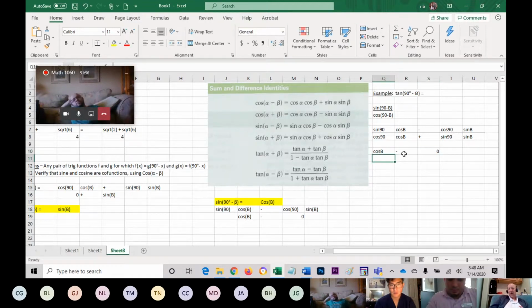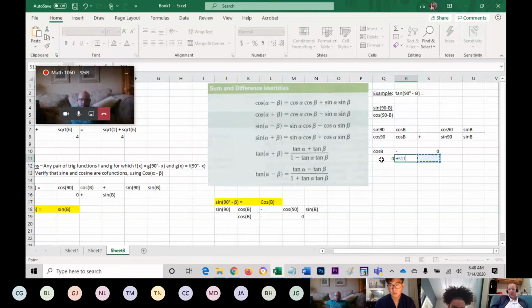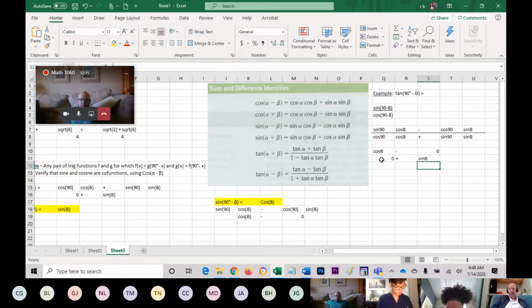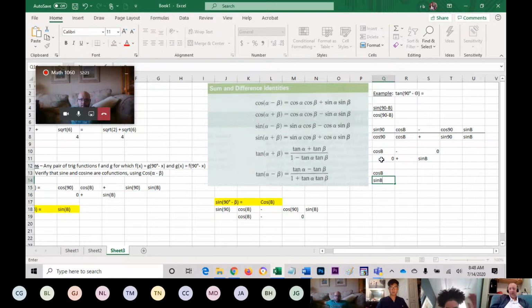And then the cosine of 90 is 0, still 0. We're going to add the sine of 90 is 1. 1 times the sine of beta. Okay, so essentially here we've got the cosine of beta over the sine of beta. And what does that equal?